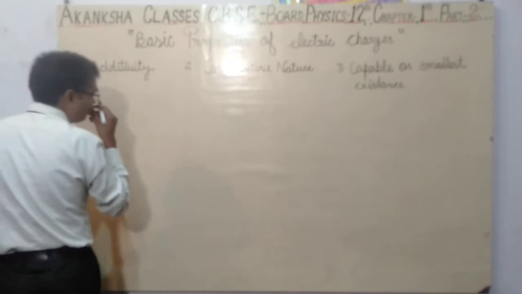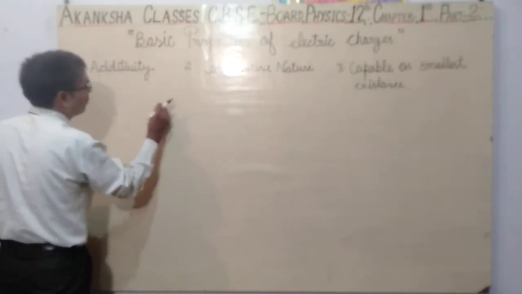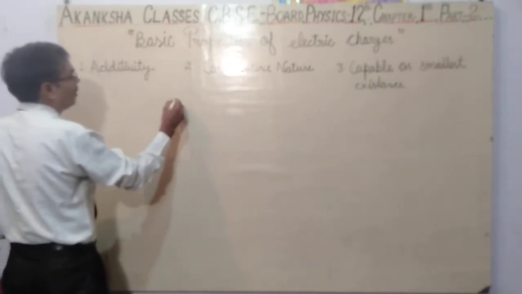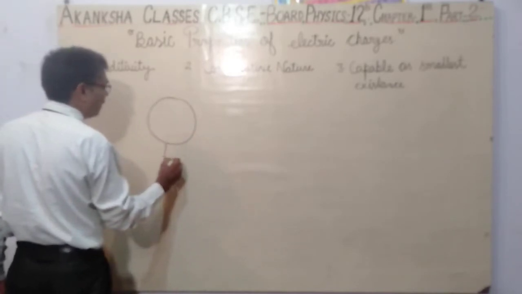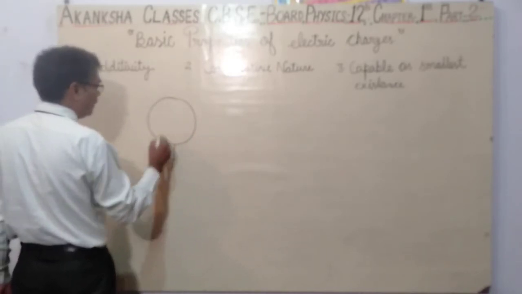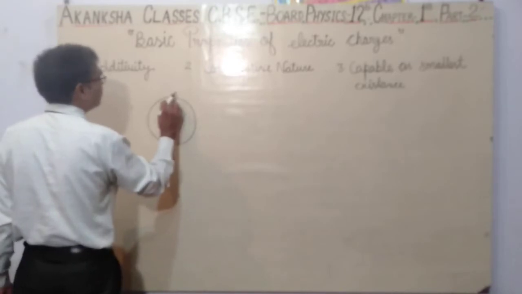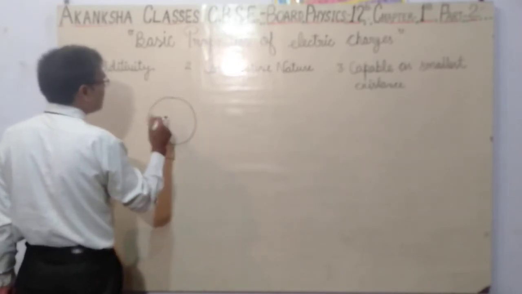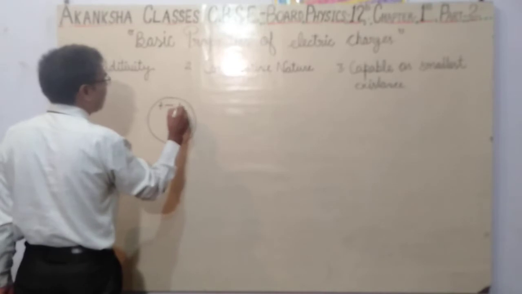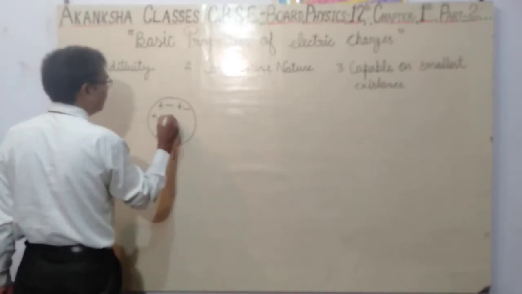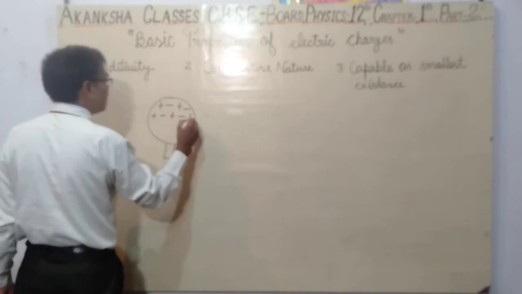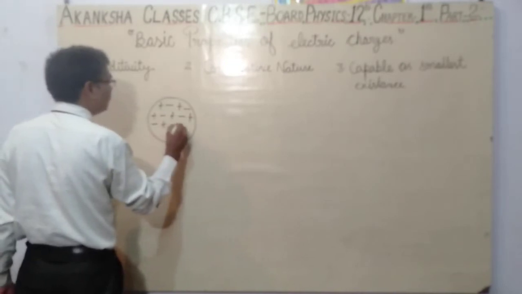For example, if we take a neutral metallic sphere, it means the number of positive and negative charges are equal. Negative and positive charges are equal.